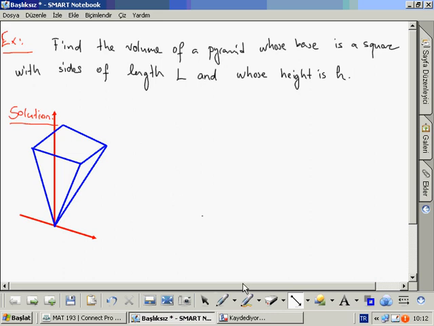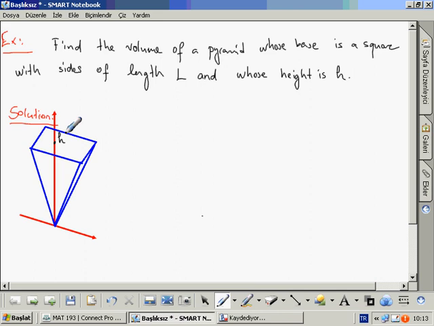Maybe let me sketch it again. I'm sorry, it partially has some mistakes. Okay, and I want to show you the pyramid exactly.